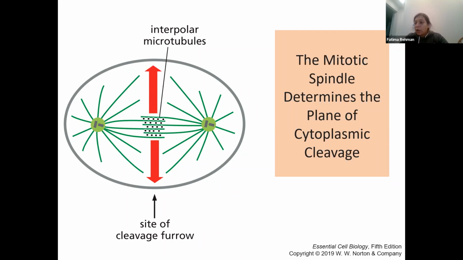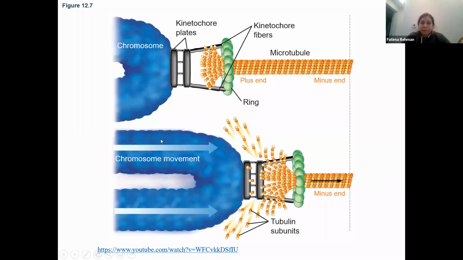So if you had some kind of an issue with the cell where that interpolar microtubule structure is formed a little more to the right or to the left, you will end up with incomplete division or unequal division of cells, because you won't be able to divide it right where you need it to. So the site of cleavage furrow is going to be determined by the placement of interpolar microtubules. That's important to remember from there.